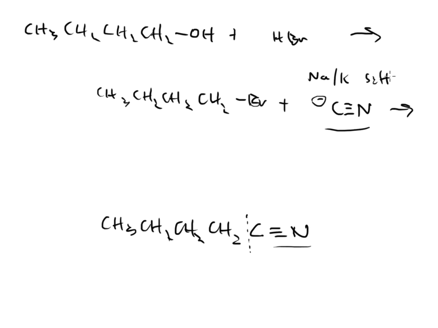I can order salts of these nucleophiles, and the salts do what salts do. They typically break down in solution and separate out into the ions. So Na plus goes out there, K plus goes out there, depending on which one you use, and then C triple bond N minus just continues to float around. It's freed up. This is how we get these negative pieces very easily into a reaction.